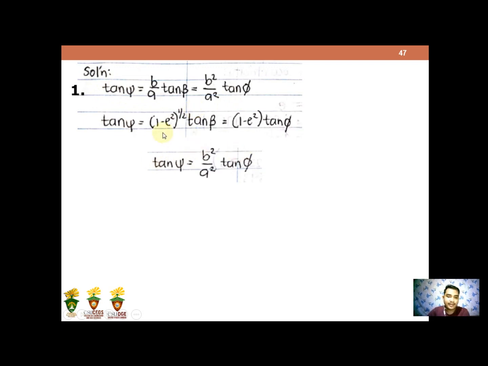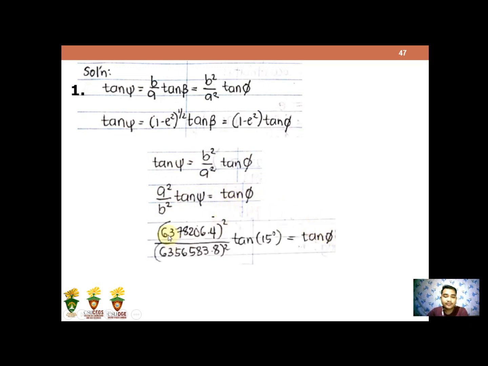Kaya atong given is we need to get the geodetic latitude given ang geocentric latitude. So therefore, para makuha nato si geodetic, ato siyang ibalhin lang, i-transpose si b squared over a squared sa picas. So mahimo na siyang a squared over b squared tangent geocentric latitude is equals to tangent geodetic latitude.